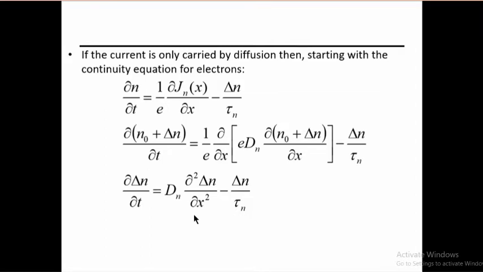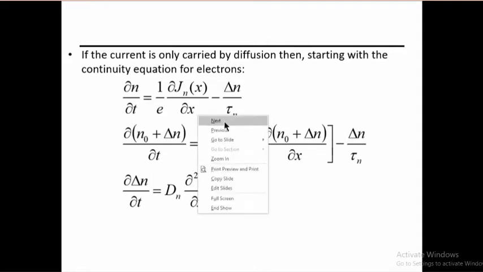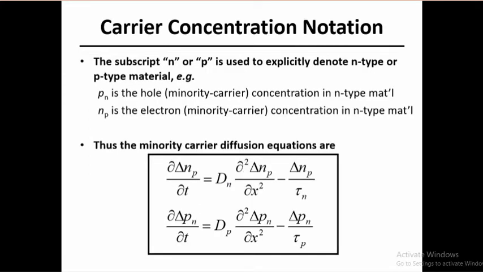The same thing for holes will apply, and we can then take the case for steady state condition, which we will see in a minute. Here I'm just giving you the two equations, del n_p by del t. Now you're going to ask, why did you include that subscript? This subscript tells me that I'm talking about minority carrier in the P region.